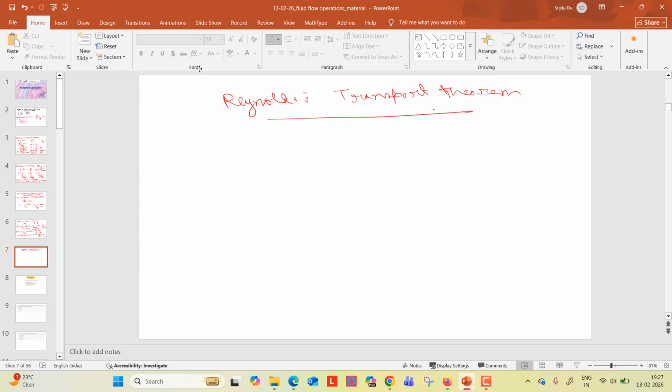So it talks about the system, and we know what system is, right? System is basically an identifiable mass, an easily identifiable quantity of anything. And what is control volume?